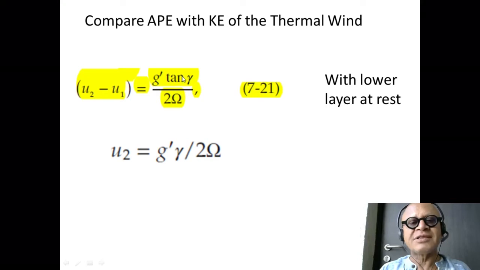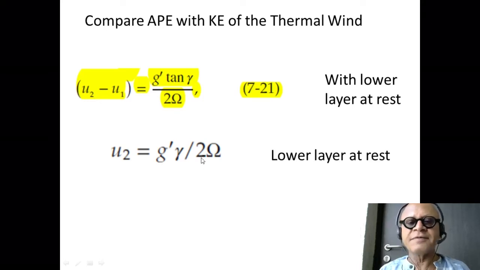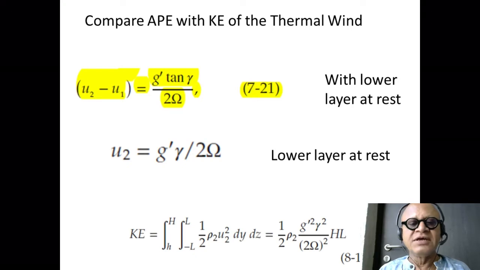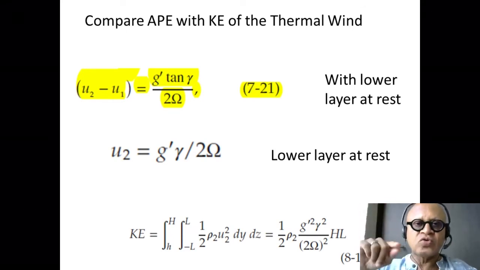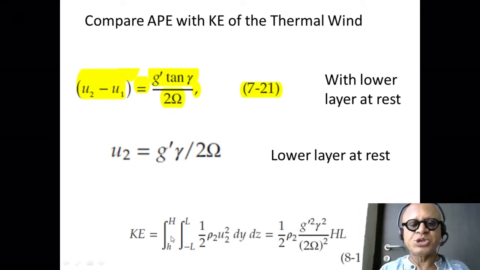Okay, so U2 equals g prime, and we approximate tan gamma with gamma for small enough angle, divided by 2 omega, so the lower layer at rest. KE in this context, going back to our tank, go from H to H. H is again the interface, in which case you are going from within the cone to outside the cone, so H to H minus L to L, the horizontal extent of the tank, of 1/2 rho 2 U2 squared dy dz.